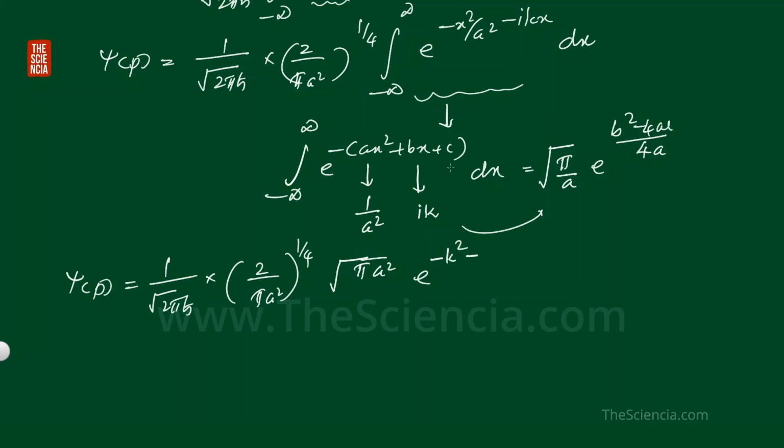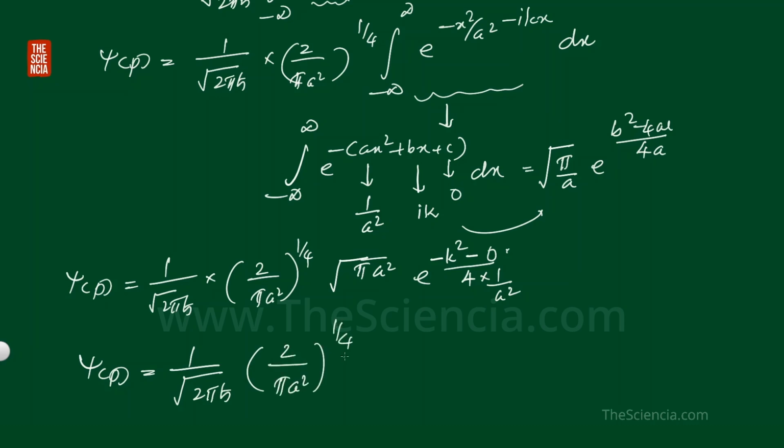There is no c term in this equation, so this will be 0 by 4a. A is 1 by a square, that is into 1 by a square. That is, we got psi of p is equal to 1 by root 2 pi h cross (2 by pi a square) all raised to 1 by 4 into root pi a square into e raised to minus k square a square by 4.